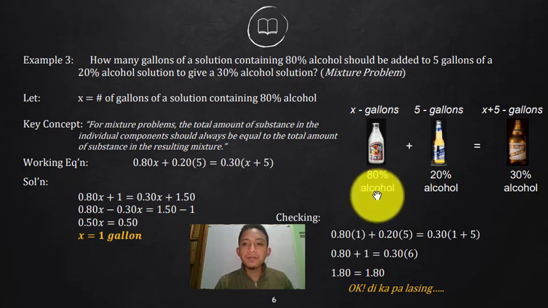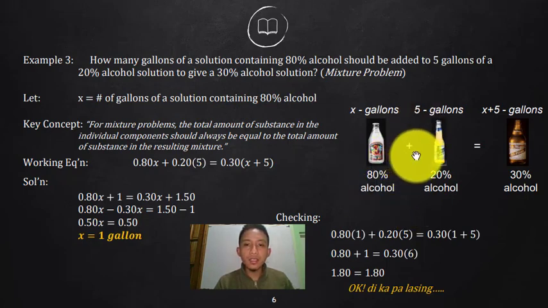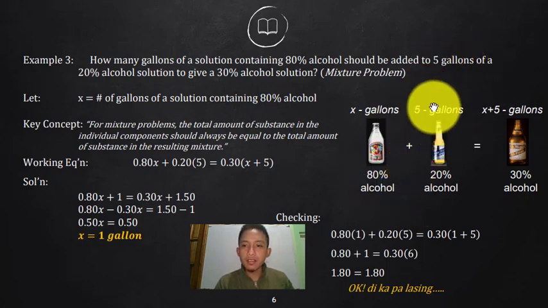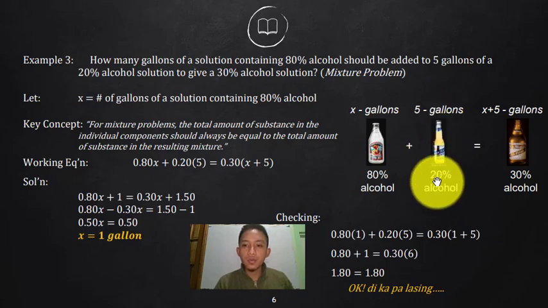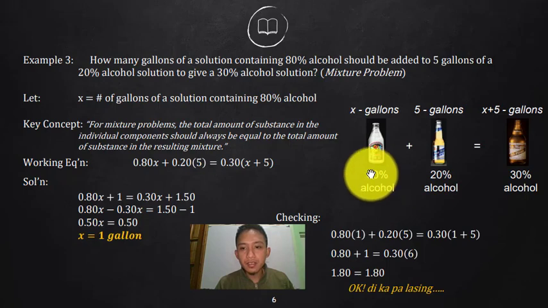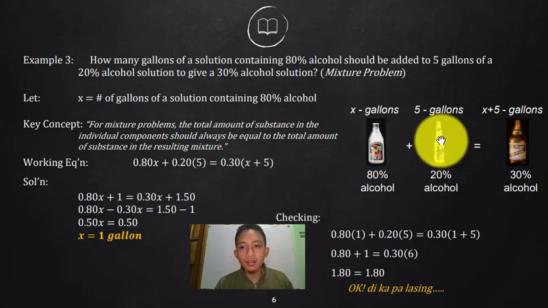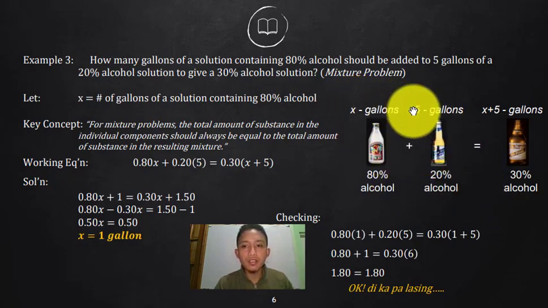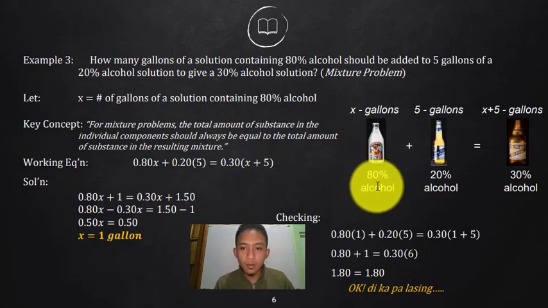And then you are going to add that into 5 gallons of 20% alcohol. If you mix them together, because they have different volumes and different concentrations, what does concentration mean, by the way?